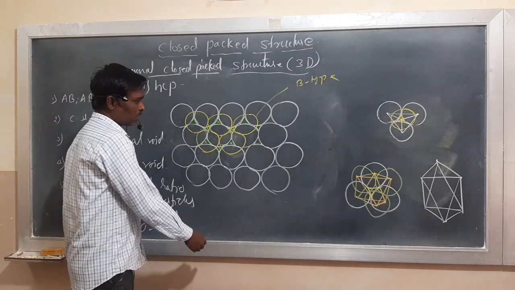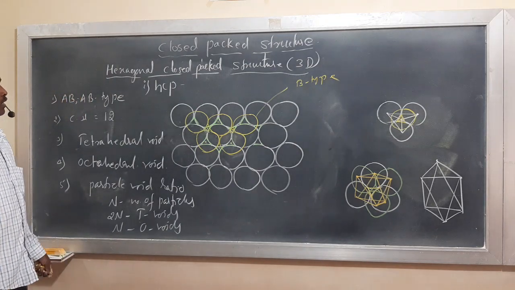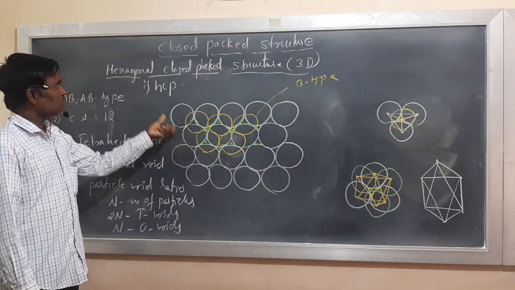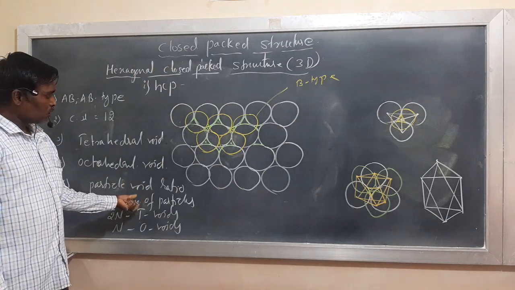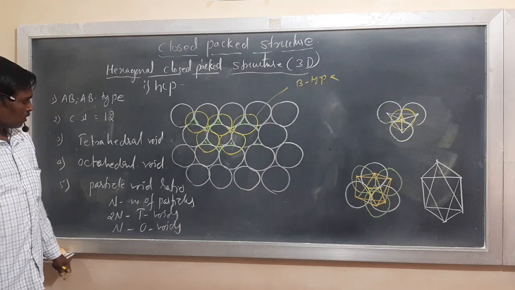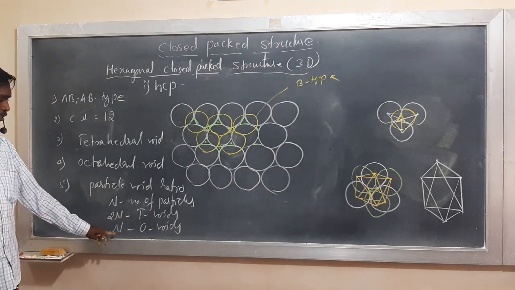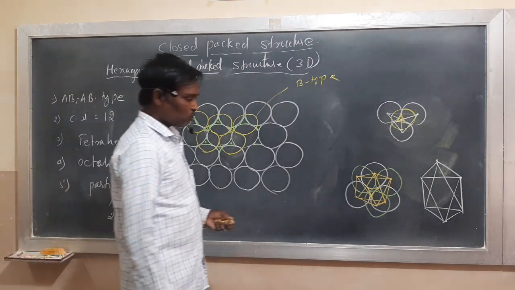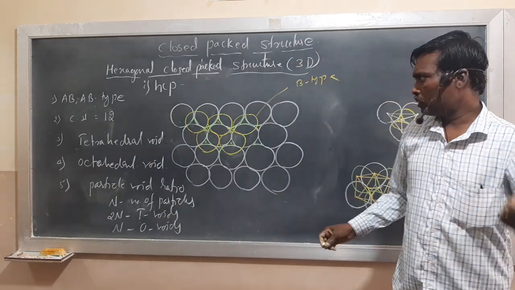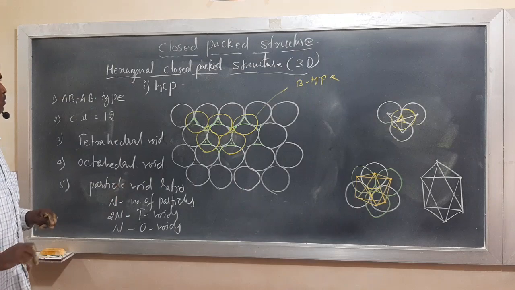Say for example, 1000 particles are arranged in a hexagonal close packed manner in three dimensions. 1000 particles will create 2000 tetrahedral voids and 1000 octahedral voids. This is about the hexagonal close packing structures. You have to remember these 5 points about hexagonal close packing structures.